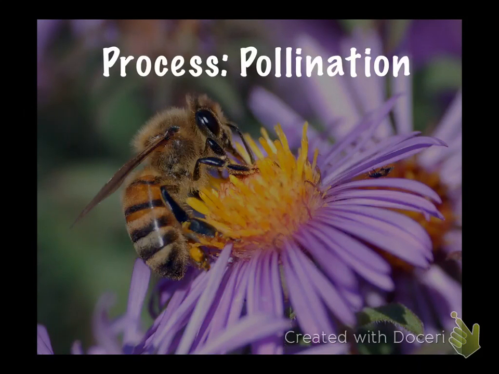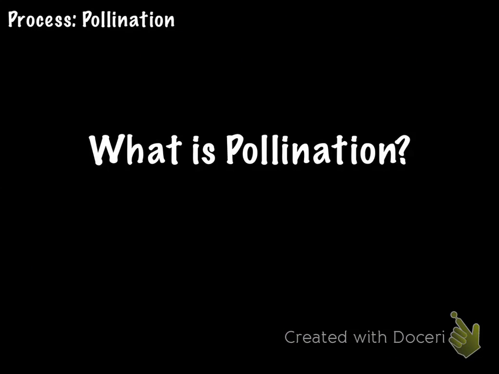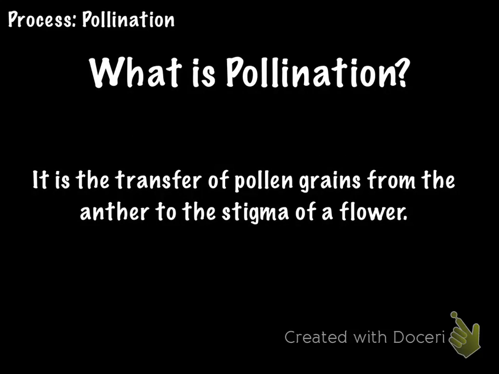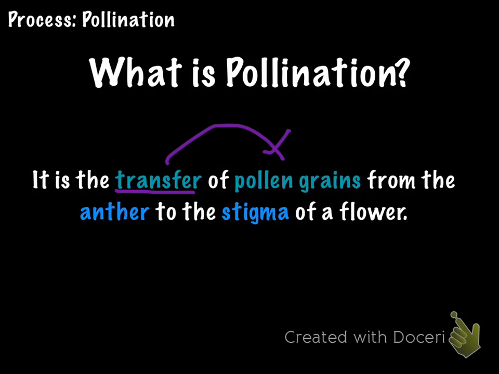Now, let us talk about the process called pollination. What is pollination? Pollination is the transfer of pollen grains from the anther to the stigma of a flower. The keyword here is transfer. Transfer of what? Transfer of pollen grains, from the anther to the stigma.